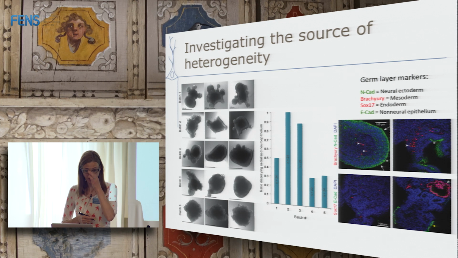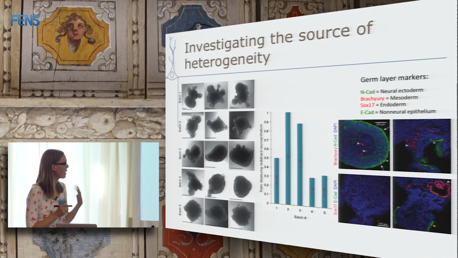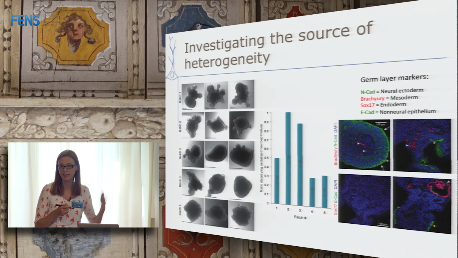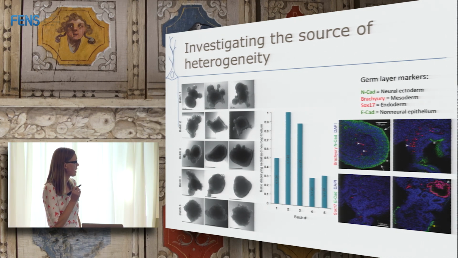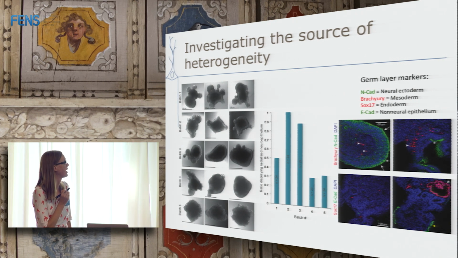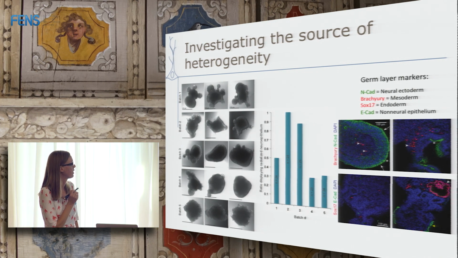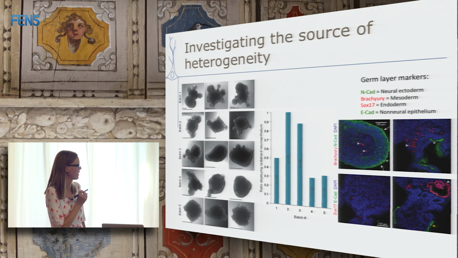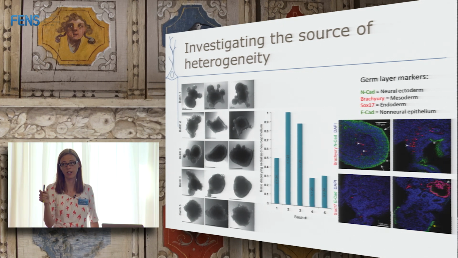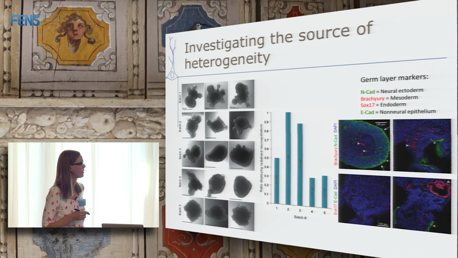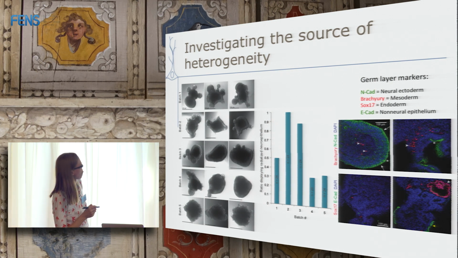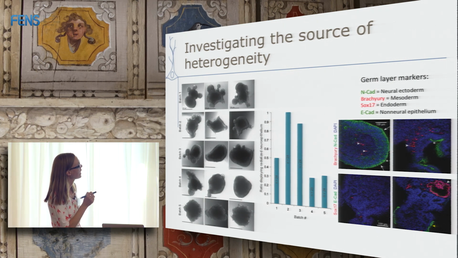So we first tried to investigate where this heterogeneity was coming from, and as we suspected, it does seem that most of the heterogeneity comes from batch to batch. So if we made several batches, the take home here is that if you make organoids on, let's say, a Monday, and then you make some more organoids on a Friday, the ones all made on a Monday tend to look very similar to each other, but they look different from the batch you made on the Friday.